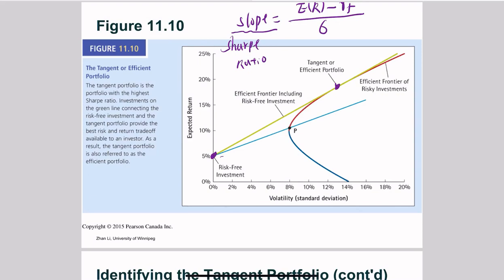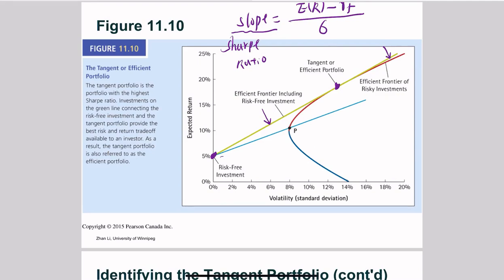Well, if an investor is here, then it basically means this investor is borrowing money and buying this efficient portfolio. Now, if the investor is here, then it means the investor will put 50% of his money into this risk-free investment and 50% of his money into this efficient portfolio. So again, this investor is only investing in risk-free investment and efficient portfolio.